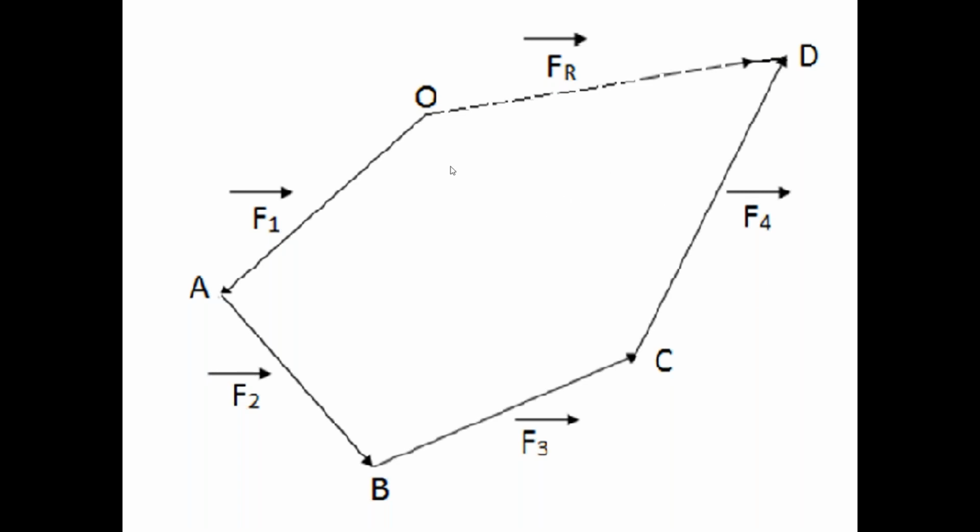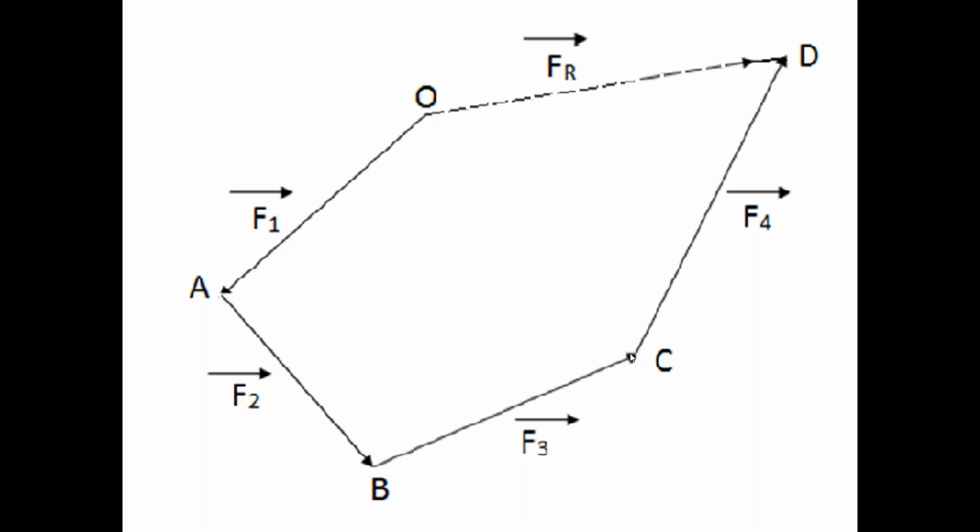But sometimes the polygon becomes a closed polygon. Closed polygon means the fourth force from point C coincides with point O. If I draw the fourth force from point C, that fourth force coincides with point O. Then the four forces F1, F2, F3, F4 form the closed polygon.